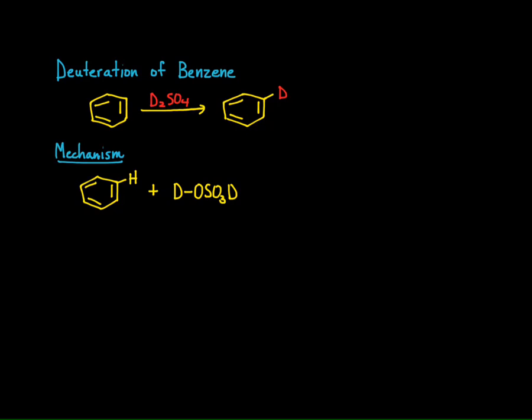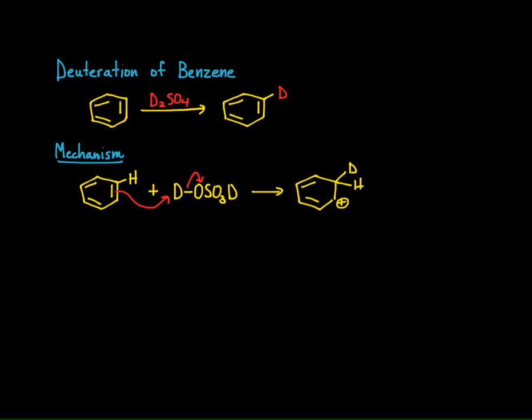And so let's think about the mechanism. We know that benzene's a nucleophile. We know that deuterated sulfuric acid is an electrophile. We get pi electrons attacking the deuterium, breaking that deuterium-oxygen bond. The electrons go to the oxygen, and this results in that carbocation intermediate.